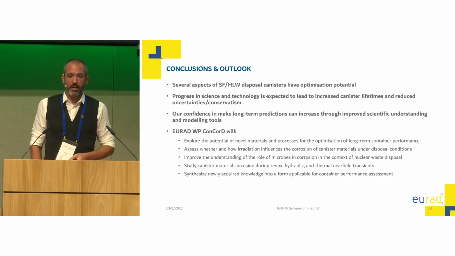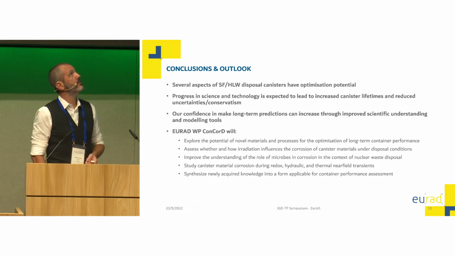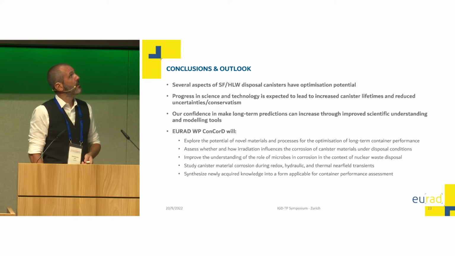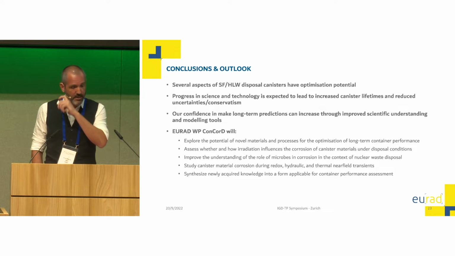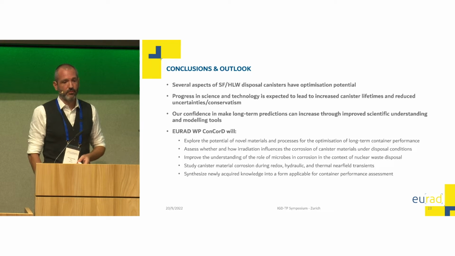We will end up with canisters with longer lifetimes, and we will reduce our uncertainties and our conservatism in the prediction. Hopefully, we will be able to increase our confidence in making long-term predictions of canister lifetimes if we understand better the degradation processes involved and if we have better modeling tools.